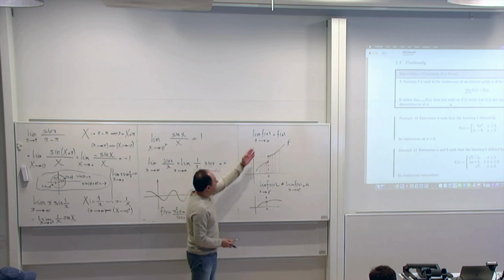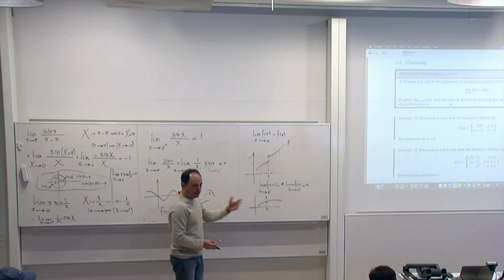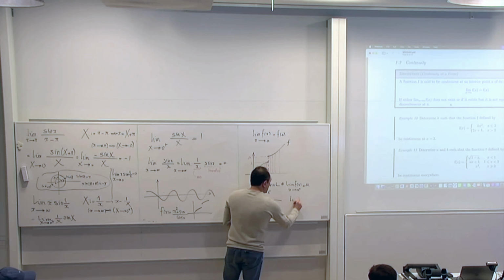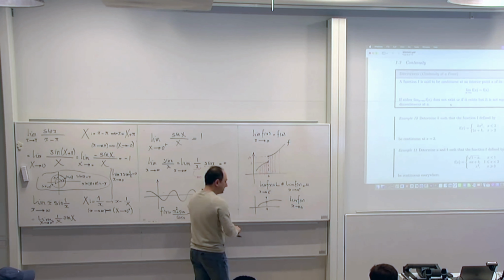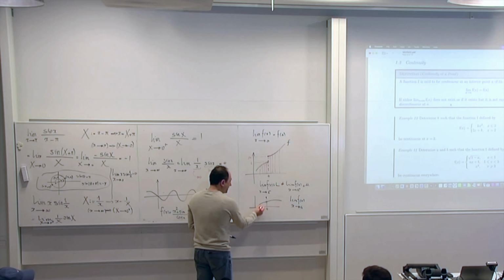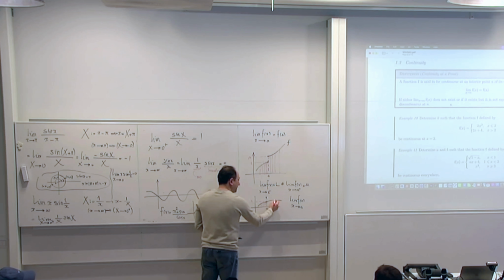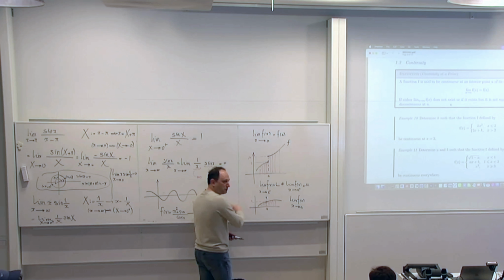What do you think? Do you think that this definition shows me that this is not continuous? In this case, the limit of f of x when x goes to a exists. If I approach a from the left, it will stabilize around the point L. And if I approach a from the right, do you agree both of them are L?